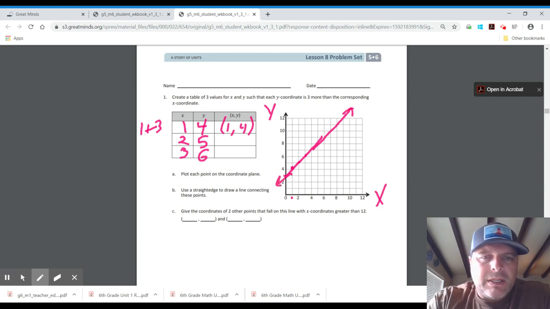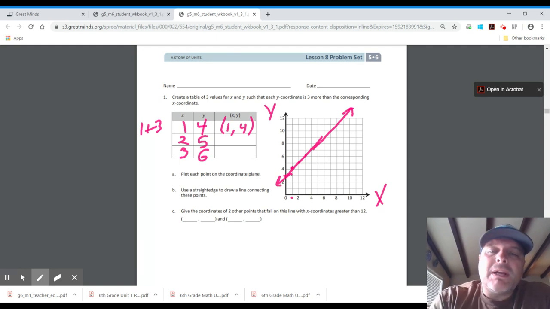Okay. All right. Give the coordinates of 2 other points that fall on this line with coordinates greater than 12. So they want us to have big numbers, bigger than 12. So let's use the same format we did earlier. Let's pick the number 13. So I want to put 13 in for x.